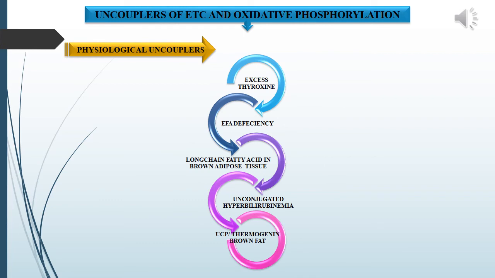Let's move on to the third uncoupler, that is physiological uncouplers. Excess thyroxine uncouples ETC and oxidative phosphorylation.